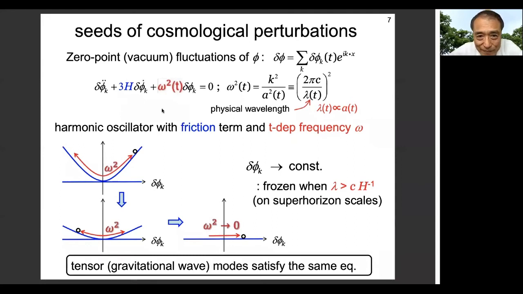This is a naive way of writing, but essentially you have this zero-point vacuum fluctuation, and here I'm just writing the equation of motion, but actually you have the action.